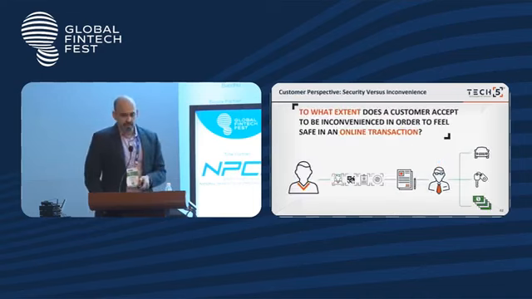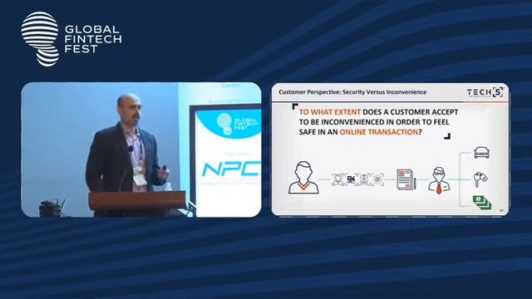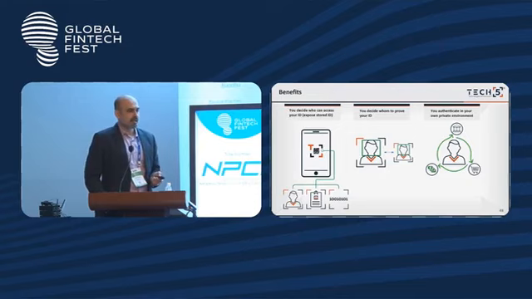So the real question that we need to ask is to what extent the customers would like to adopt this, because on one side when you want to deploy technologies like this, you also want to look at security, but you also want to look at the convenience that is there for the customer. And we believe that there are clear-cut benefits in doing this, because from a security perspective, the customer really decides where the ID can be accessed and by whom, and with full consent.